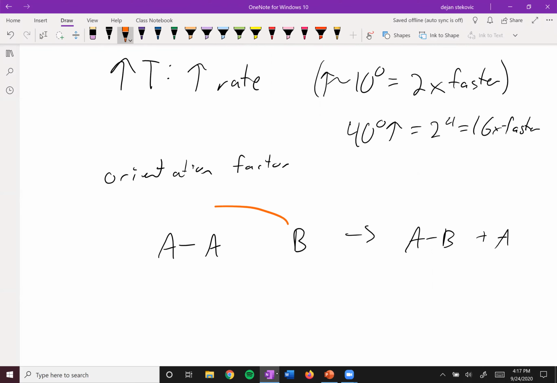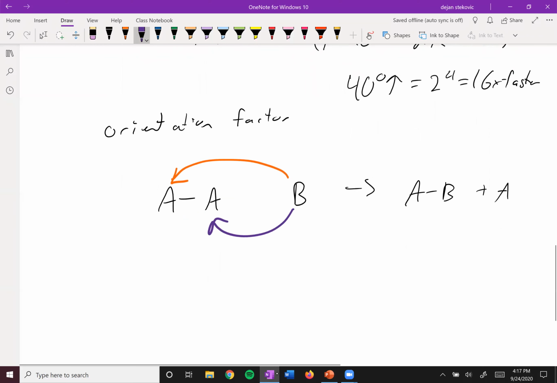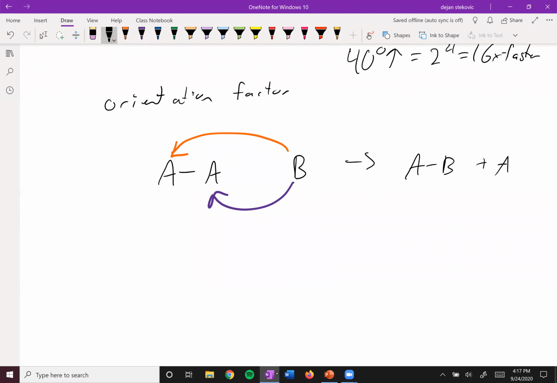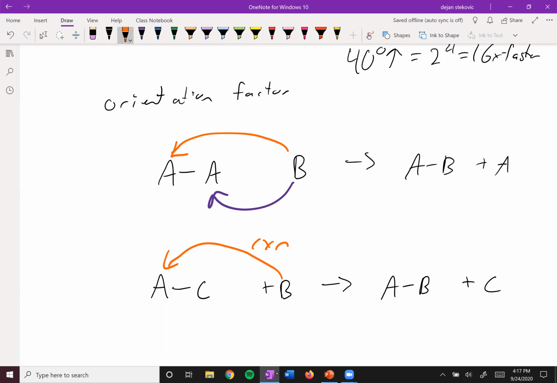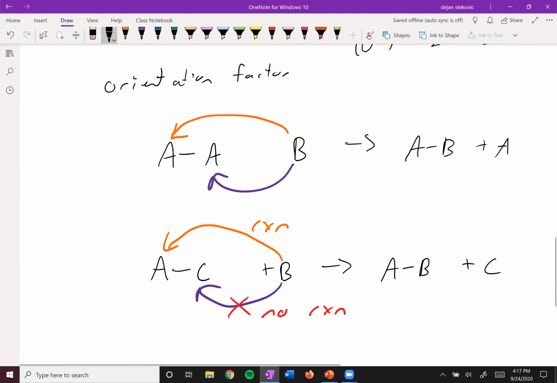And so in this case, A could hit this molecule, or B could hit this A, or this A. Either way, you'll get a reaction. Whereas if you had AC plus B to form AB plus C, in this case, if B hits A, that's a reaction. But if B hits C, that's no reaction. And so in organic chemistry, we're going to take a look at the shape of the molecule to determine its most likely reaction point.